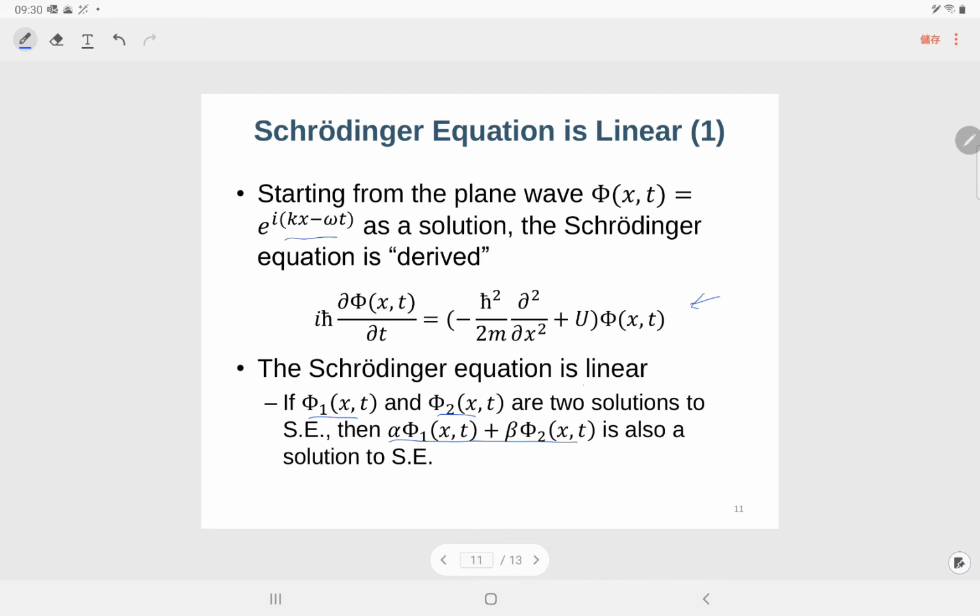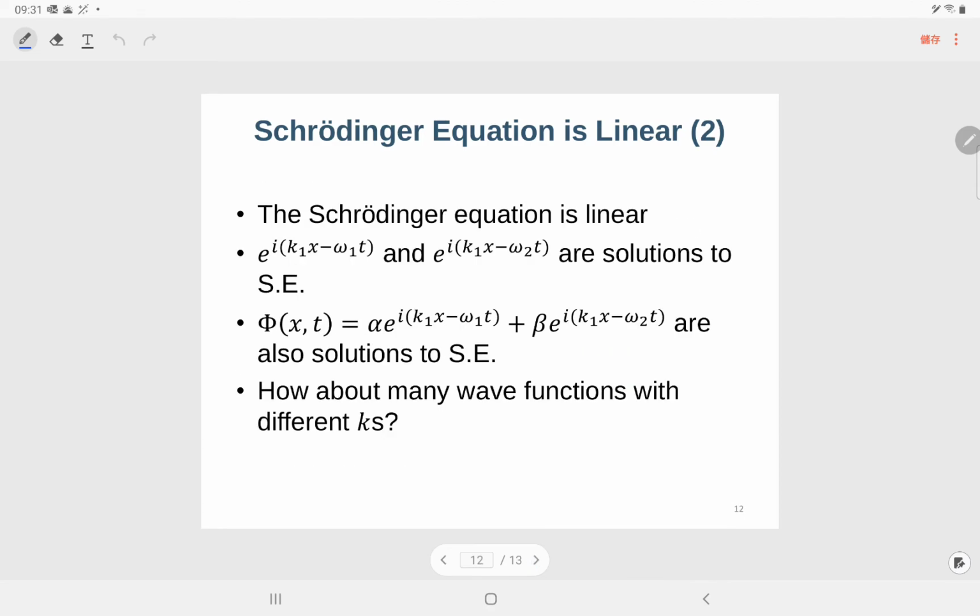Yeah, so this is linear. You can check this PDE is actually linear. In this case, maybe we have different plane waves with different k, different omega.